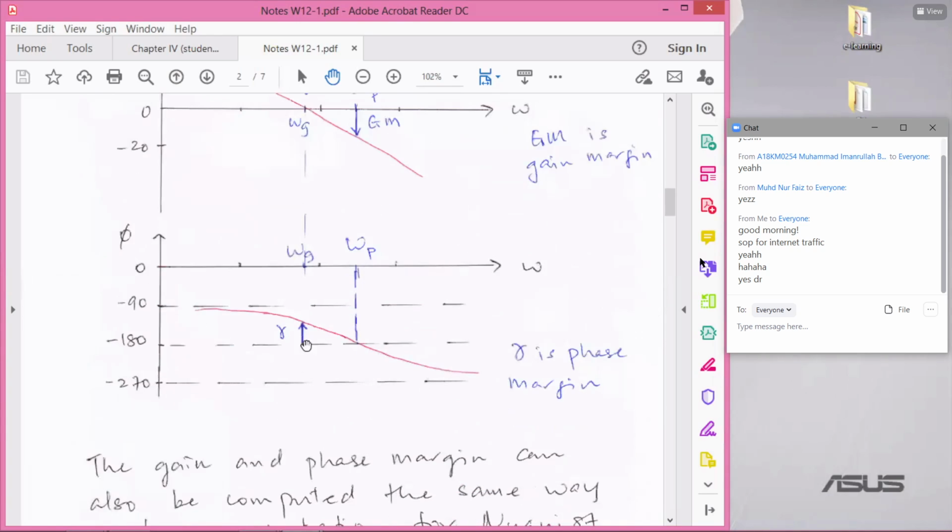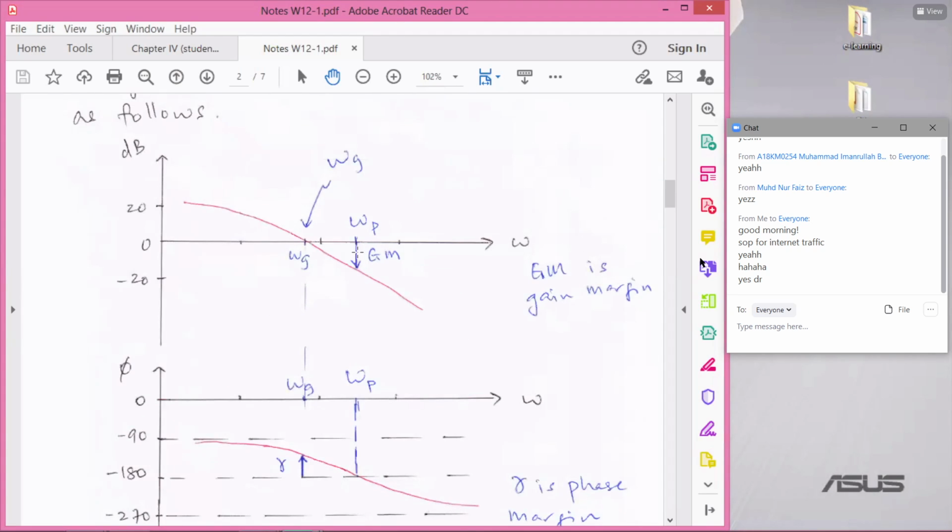The phase margin is measured from negative 180, and it is gamma. So this is the phase margin. It's measured from negative 180 positive upward. We measure that positive upward, while the gain margin is measured positive downward. Whatever value you read, the gain margin is positive for a stable system.